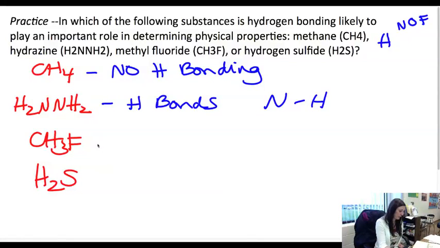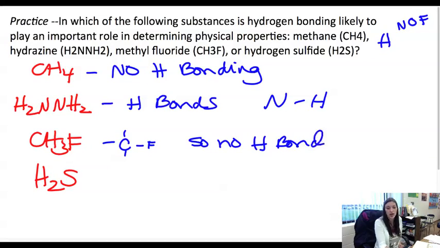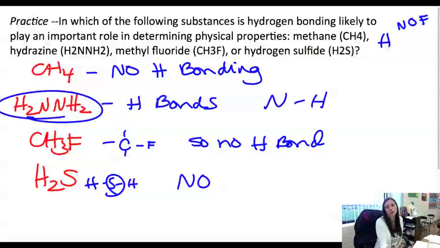Now, CH3F, when we look at this, you've got a CF bond, so I'm going to have C with an F and then HHH, but it's not an HF bond, so no hydrogen bonding. Now I've got an H2S, so I'm going to have H bonded to an S. But this S is not N, O, or F, so no. The only one you have is hydrazine because the N's and the H's are bonded together.